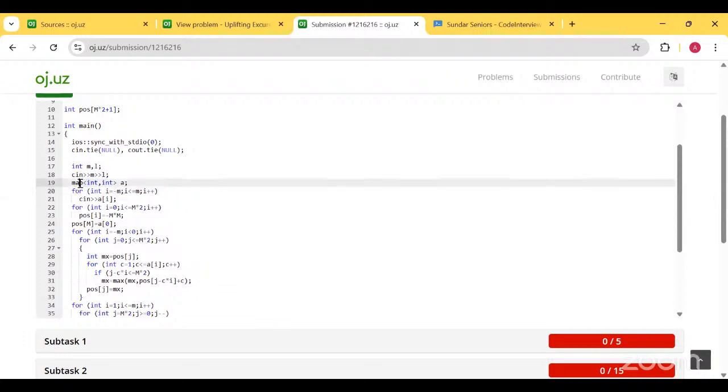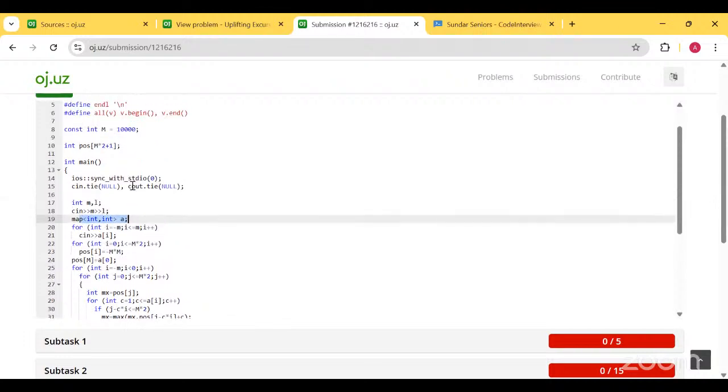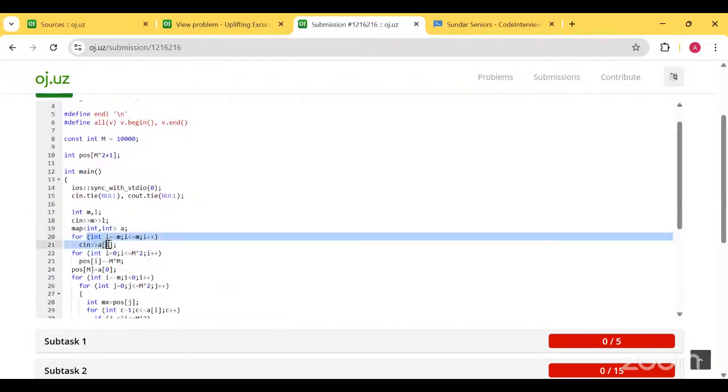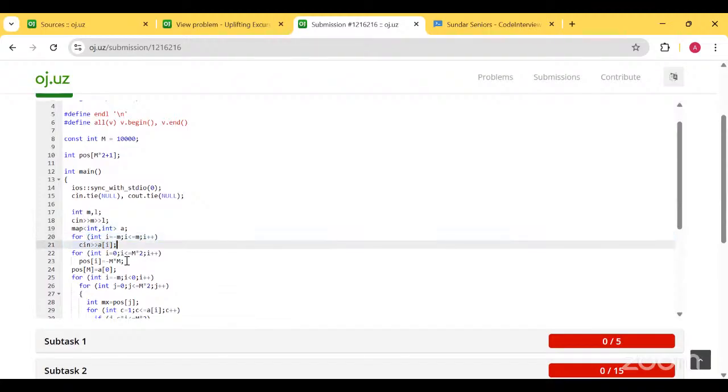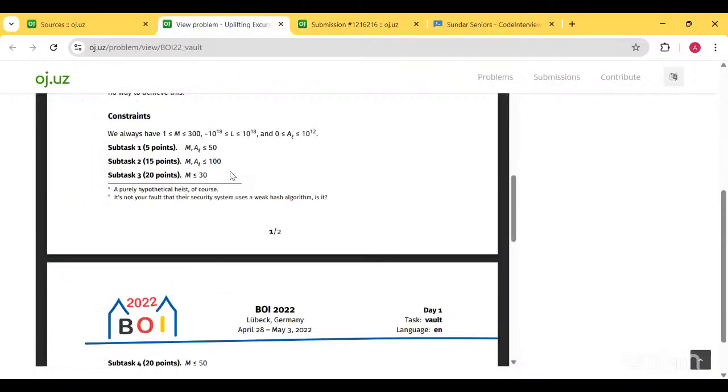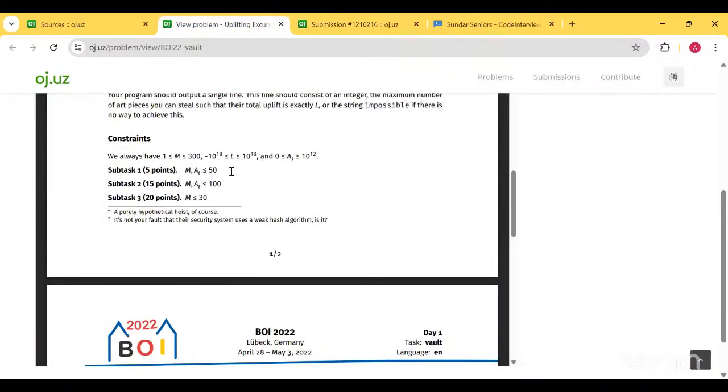Okay. So you use a map to make negative numbers. So what is the maximum uplift if M and A are up to 50?